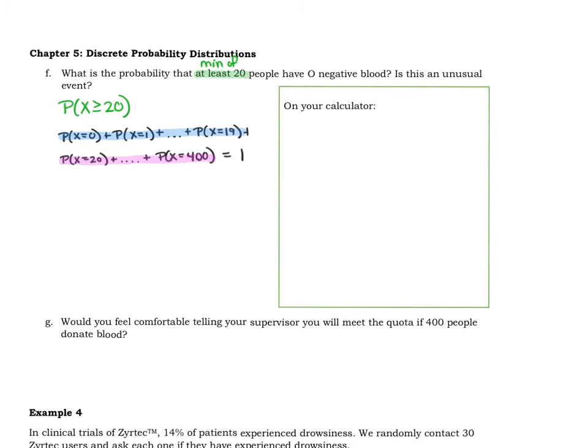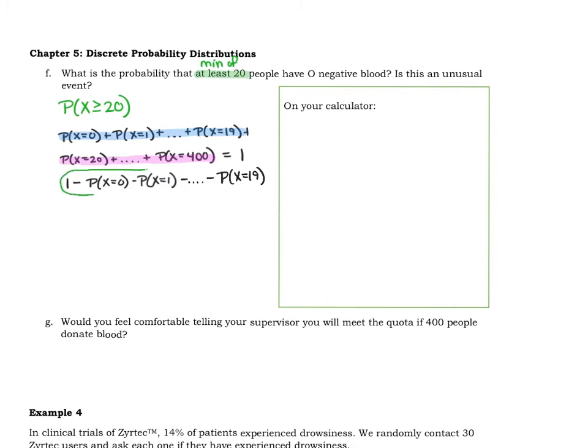Since the pink and the blue total up to 1, one of the things we can do, again, as a shortcut, is do 1 minus the probability that we have nobody with O negative blood, minus the probability we have one person with O negative blood, minus the probability that 19 people have O negative blood. We can do that instead. It's still 20 steps, y'all. I totally get it. But hey, it is a touch faster.